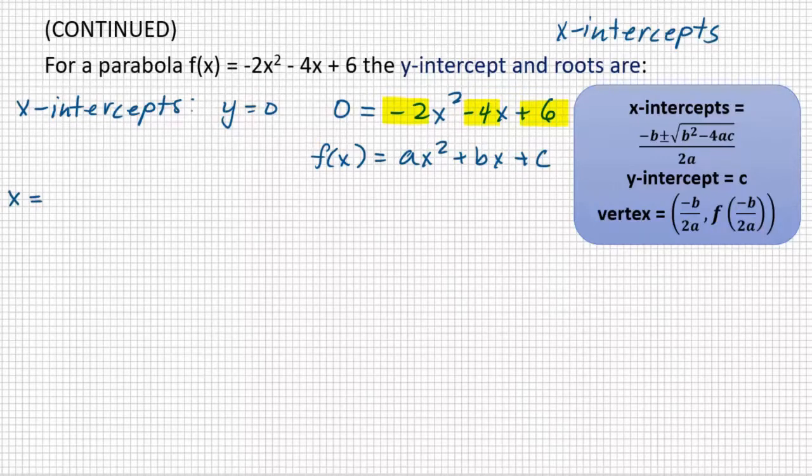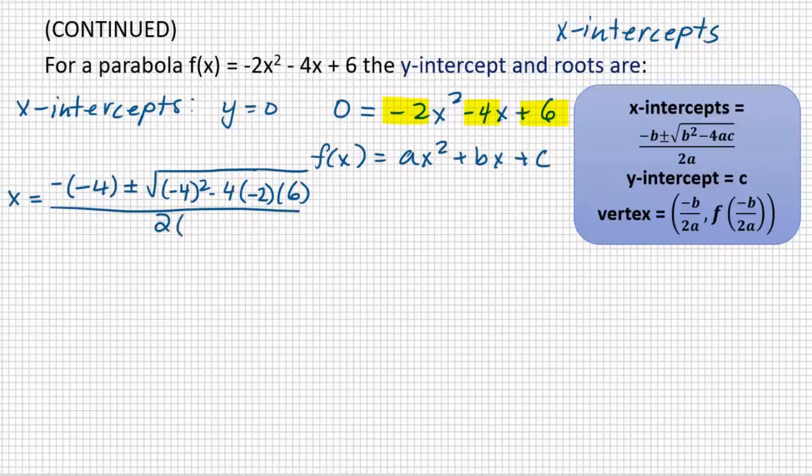So in our case, we have negative b, or negative times negative 4, plus or minus the square root of b squared, so negative 4 squared, minus 4 times a, which is negative 2, times c, which is positive 6. And all of that is divided by 2 times a, in our case, 2 times negative 2.